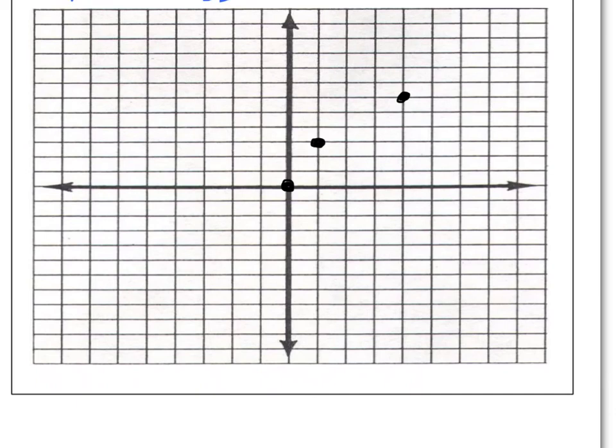Left 2 and down 4 is right there. If I go left 2 and down 4 is right here. And if I go left 2 and down 4 is right here. And now my blue is the graph. This is the graph of y equals 3 times the square root of x plus 2 and then minus 4. Okay, so this concludes section 6.8, graphing radical equations.